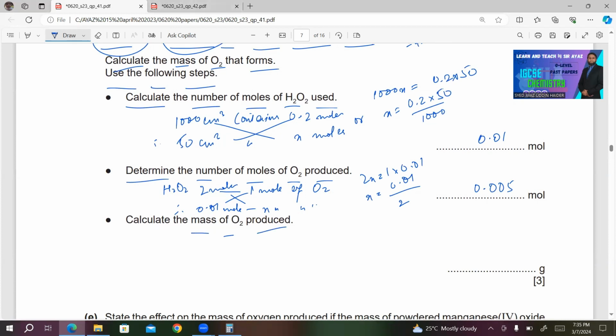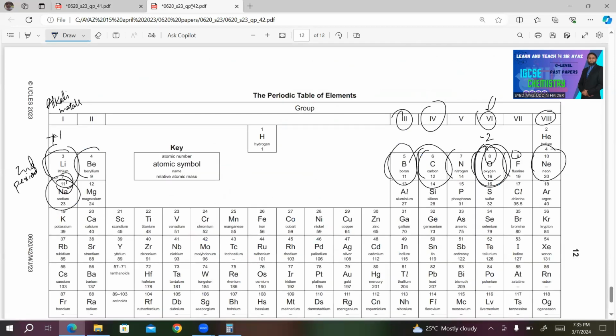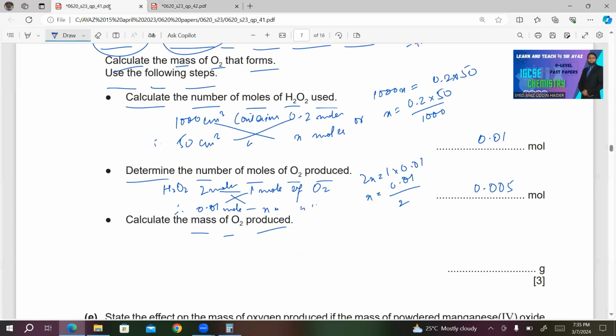Now you have the moles of oxygen, you can easily calculate the mass of O2. Look at the position of O here. Here's the periodic table, here is O, AR is 16, and we have 2 here. So MR of O2 is 2 multiplied by 16, 32. So you simply multiply 32 by 0.005.